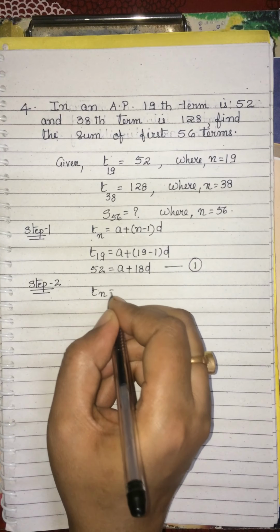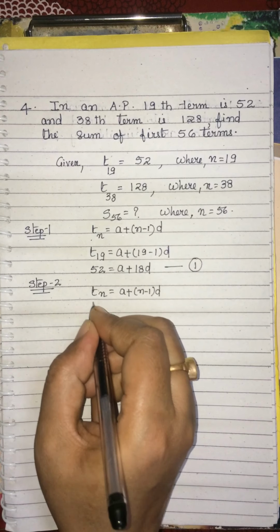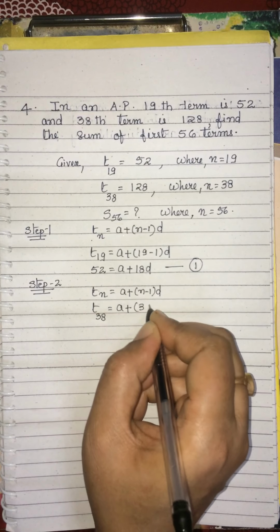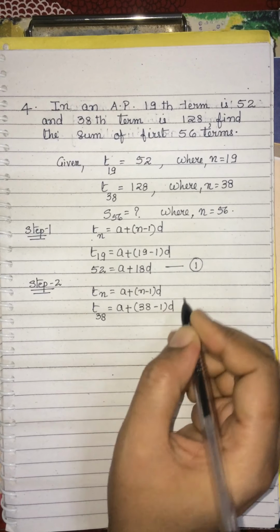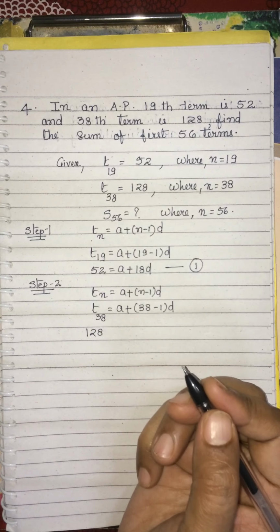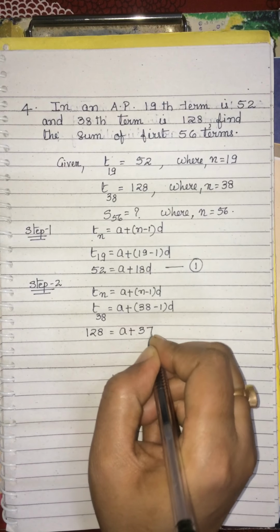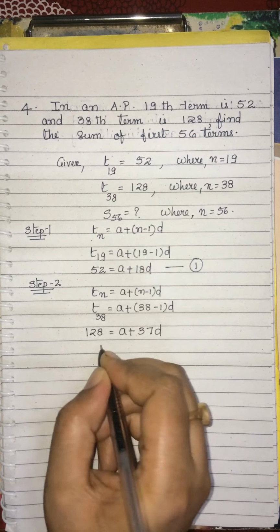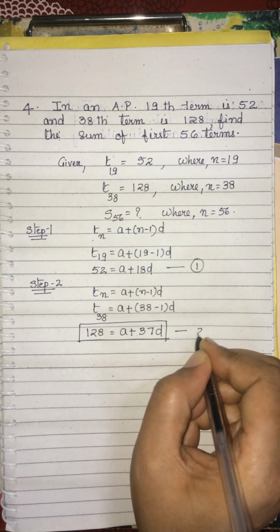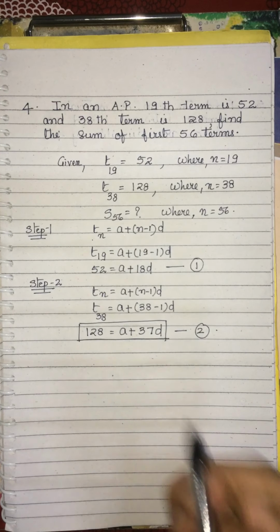Again take the general term: Tn is equal to a plus n minus 1 into d. For T38, a plus, in place of n put 38, and the value of T38 is 128. Therefore a plus 37d is 128. You got two equations, children. So let us keep them with us.